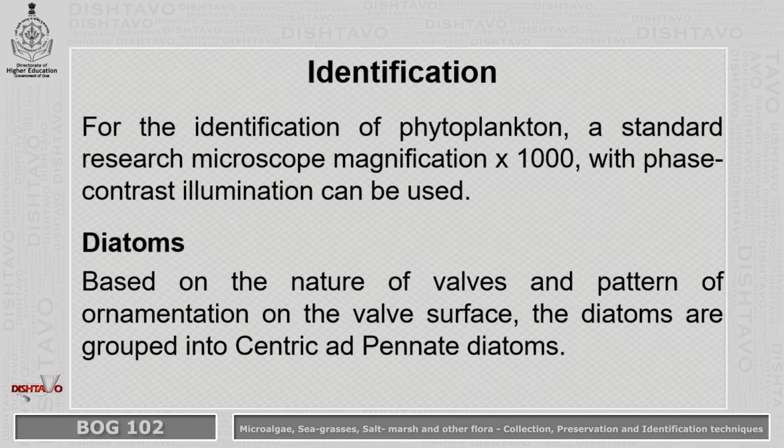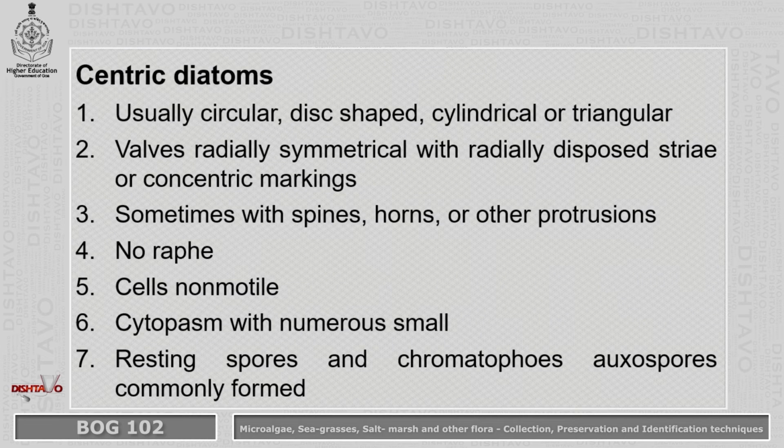So each group has its own unique characters which we need to understand to assign them to a particular group. Diatoms can be easily identified based on the nature of valve and pattern of ornamentation on the valve surfaces. Diatoms are further grouped, based on the patterns of ornamentation and assemblage, into centric and pennate diatoms.